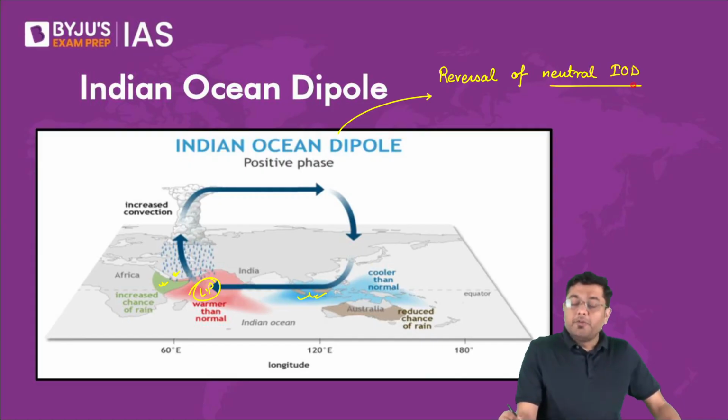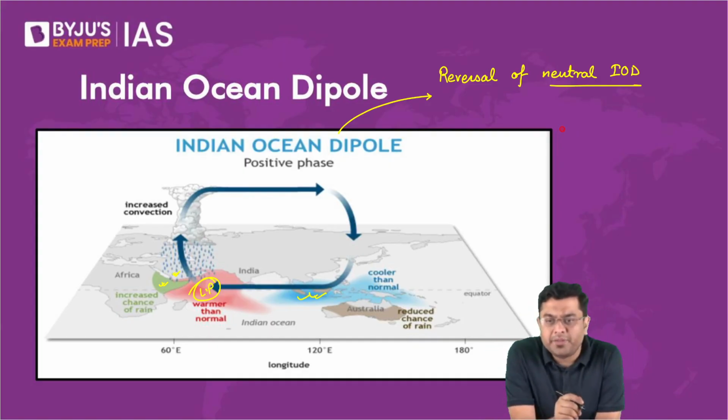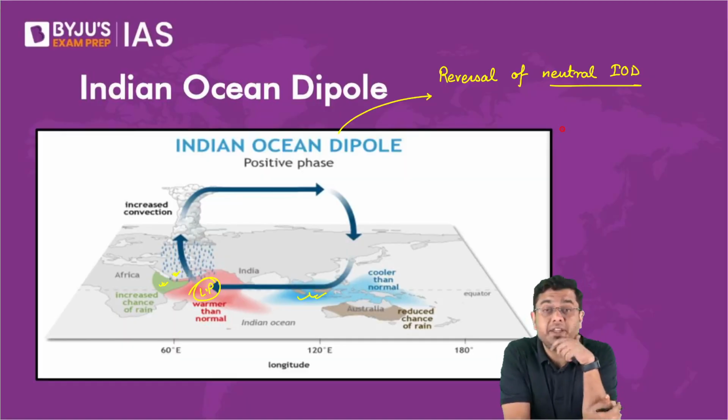In this phase, where is it that you will expect a greater amount of tropical cyclones to be created? Arabian Sea or Bay of Bengal? Perfect. Arabian Sea. So if I ask you, in all the various different climatic conditions that we have seen, there are only two conditions where there is a greater probability of cyclones in the Arabian Sea. One is this positive phase of the Indian Ocean dipole. What is the other condition where we have seen that the Arabian Sea can have a probability of cyclones?